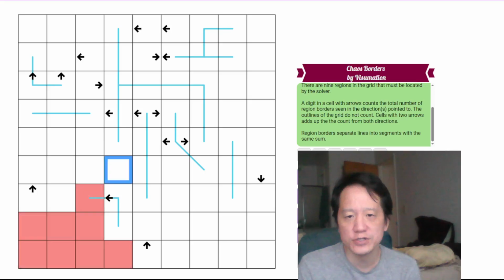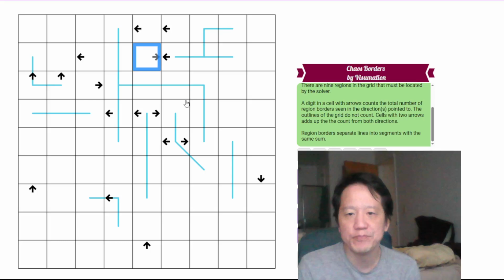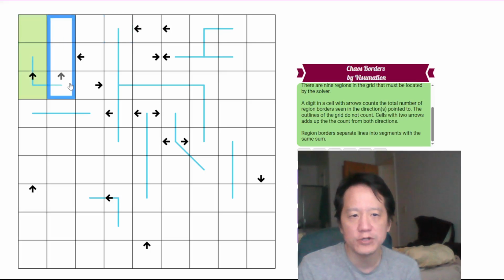We also have a digit in a cell with arrows counts the total number of region borders seen in the direction pointed to. The outlines of the grid do not count. So basically, say we had a region here, a region here, a region here, and a region here.